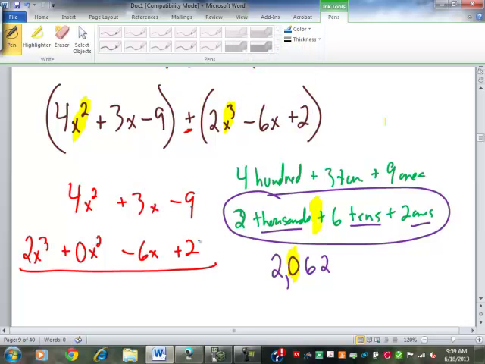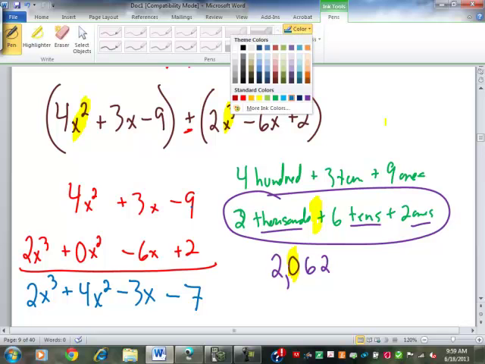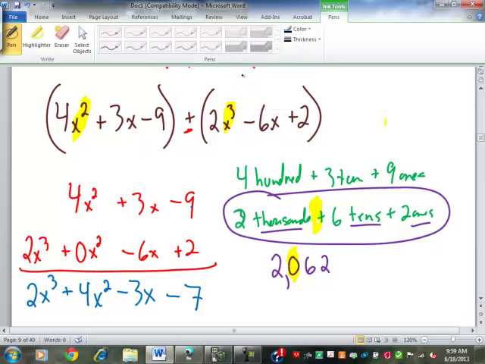Negative 9 plus 2 is negative 7, good. 3x plus negative 6x, negative 3x. 4x squared plus 0x squared, 4x squared, and that's positive, of course, and the 2x to the third that we don't have anything to combine with.